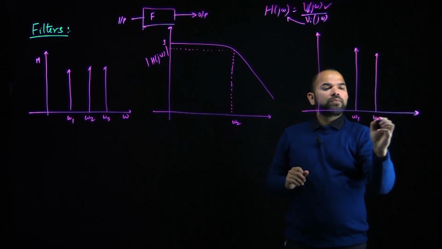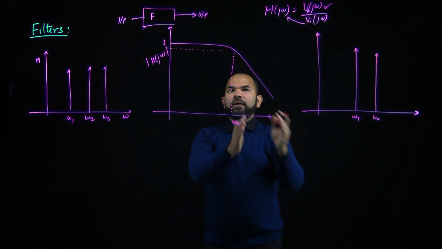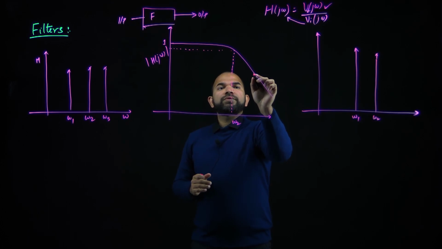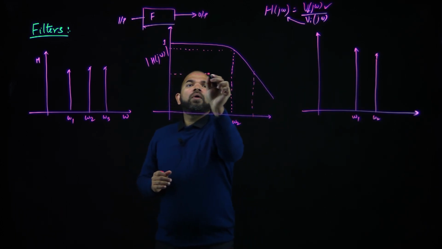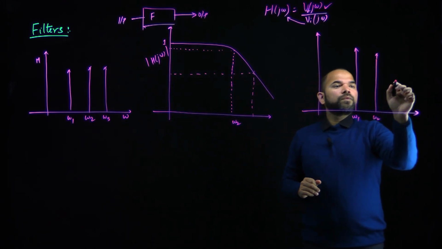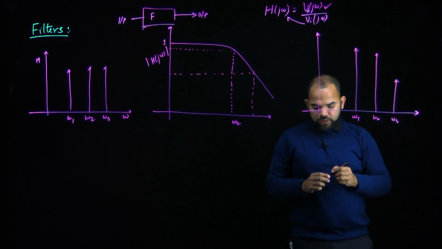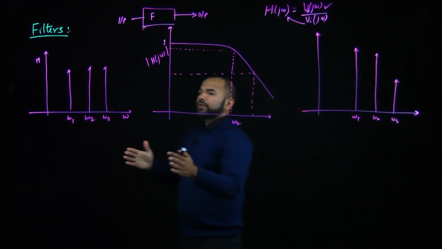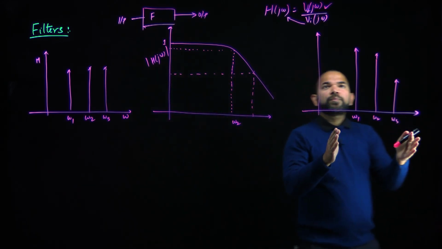And for omega 3, which is quite far, if we choose this as a location, this component would be very, very low. So let's see, this is omega 3. So this is the set of input, here is our transfer function, and then this could be the output.